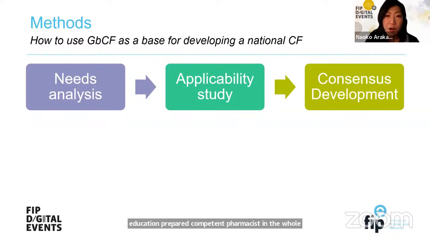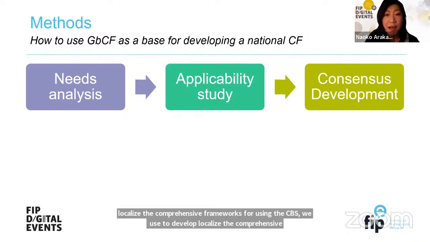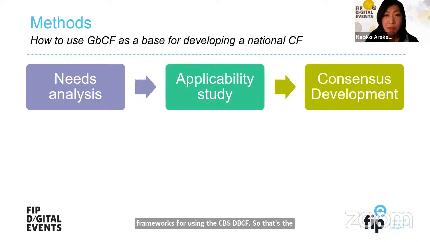So I'm sure our audience will enjoy reading these case studies in the handbook, but I'd like to highlight the method we used to develop localized competency frameworks using the GbCF, so that probably the audience can use similar methods in their localized development. This process should start with a needs assessment, a needs analysis of the country, including health needs of the population, needs in the health system, and the vision for the future pharmacy workforce.